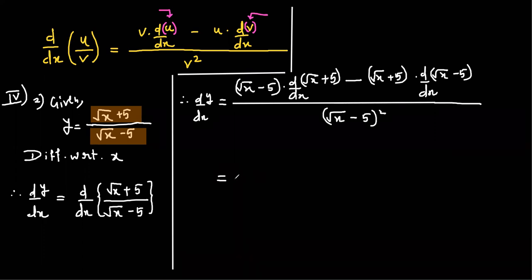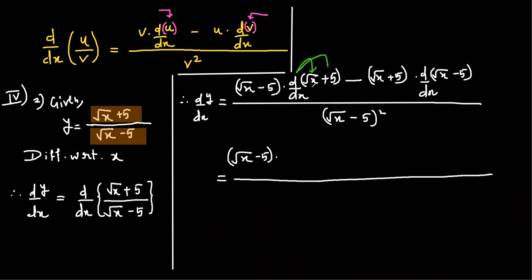So here you have root x minus 5, and I put a bracket. See, when I differentiate, I always put a bracket. So derivative of this and derivative of this. Here I put a bracket first, and d by dx of root x is 1 upon 2 root x, plus d by dx of 5, which is 0, minus root x plus 5, the bracket closed.